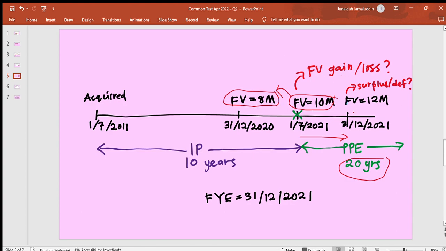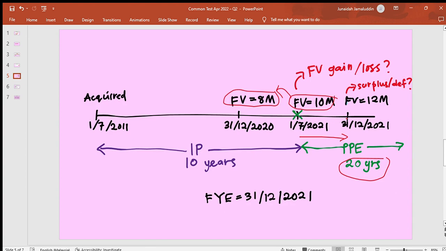The property should be depreciated for a 6-month period only, because the property was transferred in the middle of the financial period. So we have to record the depreciation from 1st July 2021 until 31st December 2021.